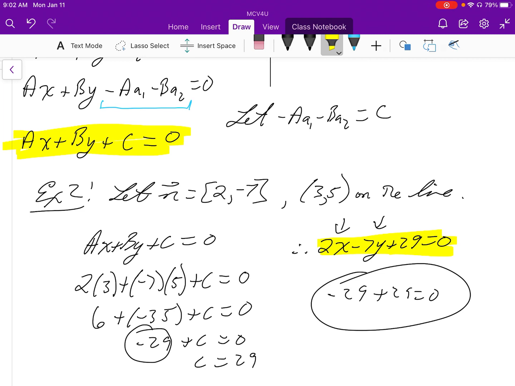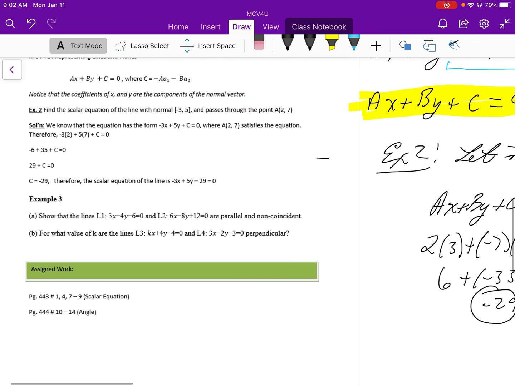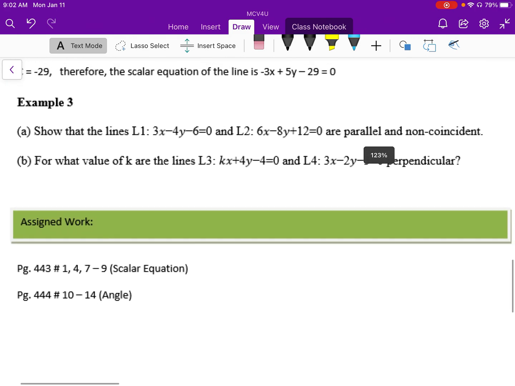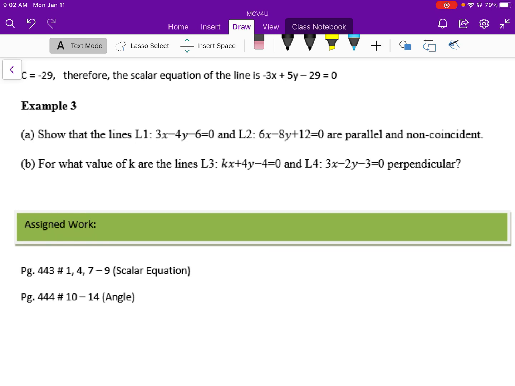Now I've got a couple of examples over on the end, so instead of rewriting them all out, I'll just show you what we've got there. Let's finish this off. Show that 2 lines in their scalar equations are parallel and non-coincident.